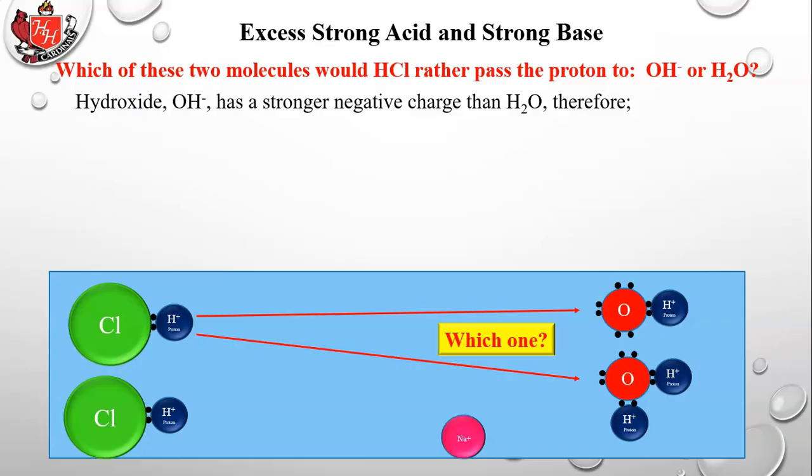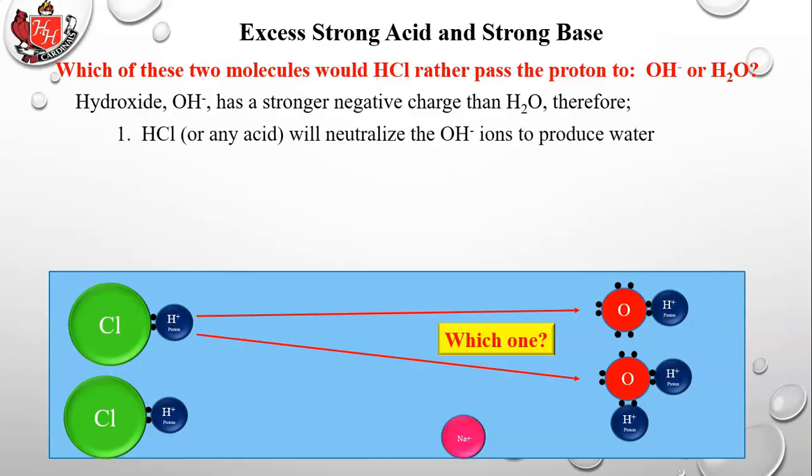Remember that water is electrically neutral, but it's a dipole. It has a negative side, which is the oxygen side, and it has a positive side, which is the hydrogen side. So you have a full 1- charge in hydroxide versus a partial negative charge on one side of the water molecule. So therefore, HCl or any acid will neutralize the OH- ions to produce water.